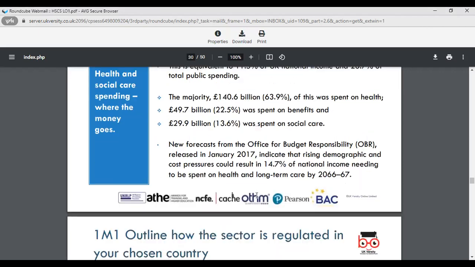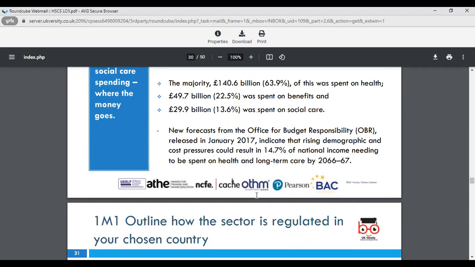There are new forecasts from the Office for Budget Responsibility, released in January 2017, that indicated that rising demographic and cost pressures could result in 14.7% of national income needing to be spent on health and long-term care by 2066 to 67. So that's a big amount.